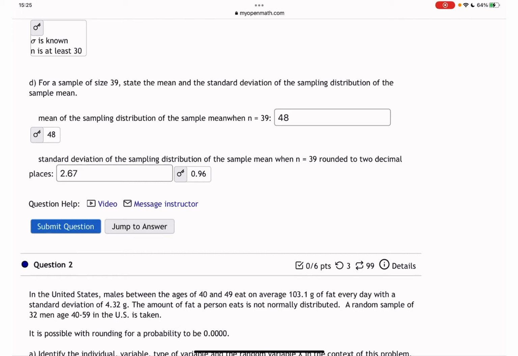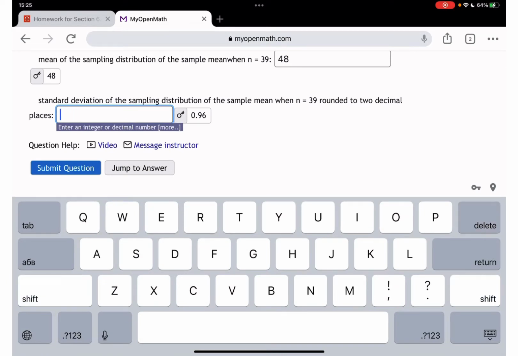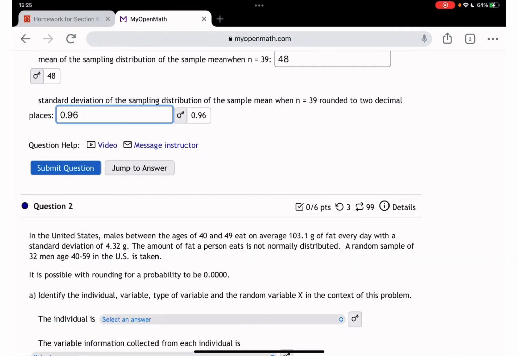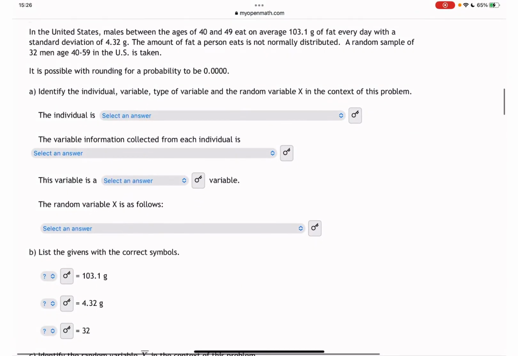Yeah, we got 0.96. It looks like something in the memory of the calculator interfered with the answer. 0.96. Correct. I just did the same thing over. So the sample size is 39. I took the square root of 39, got 6.245. And then 6, our standard deviation from the word problem at the beginning, I divided by the square root of the sample size and got 0.96. Okay.